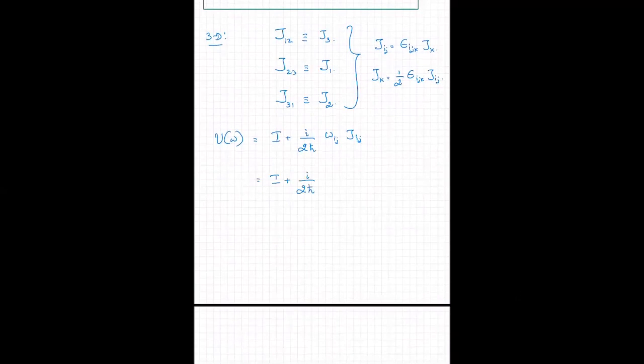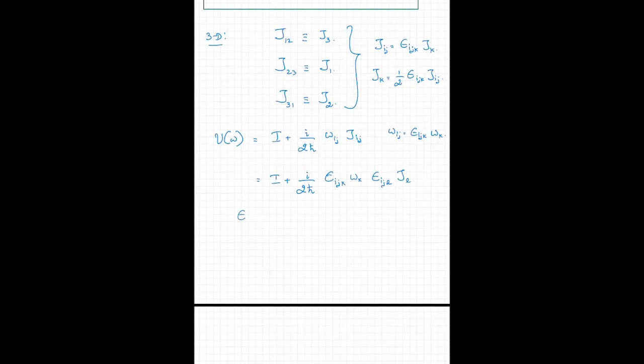Again, I will do the exact same thing for omega_ij also. I will write omega_ij is epsilon_ijk omega_k, because in 3 dimensions I only have 3 rotation angles also possible. And J_ij I can write as epsilon_ijl J_l. I cannot use k because I've already used it, so I'll use a different index, l.